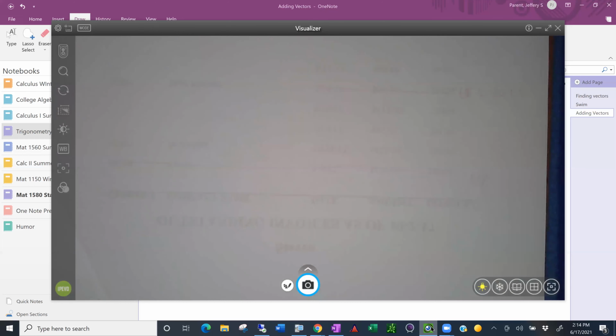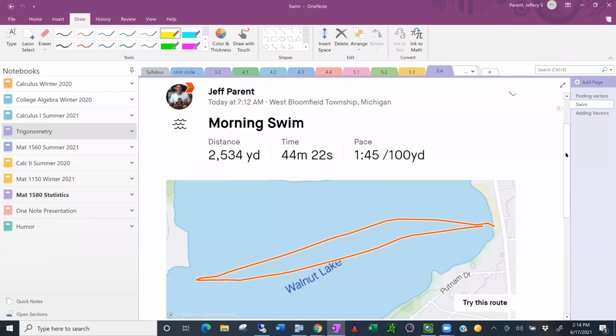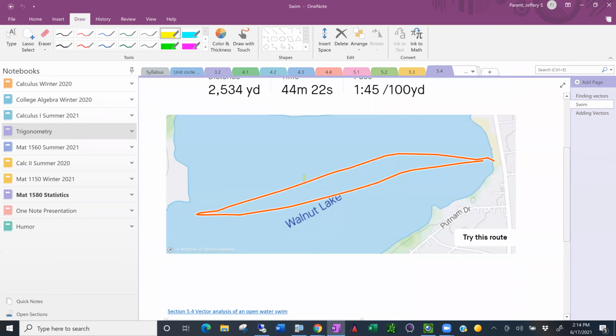Now, for demonstration purposes, let me talk about my swim workout from this morning. So I was swimming, and then on the way back, it's really tough to swim directly there because you're swimming into the sun. You're heading pretty much directly east.